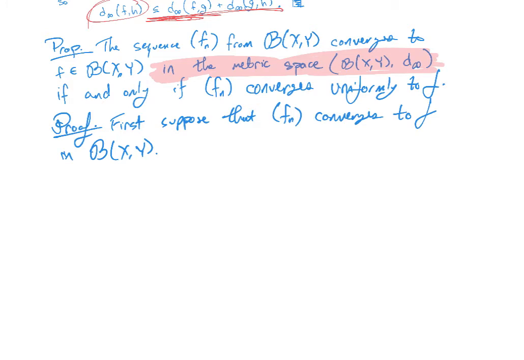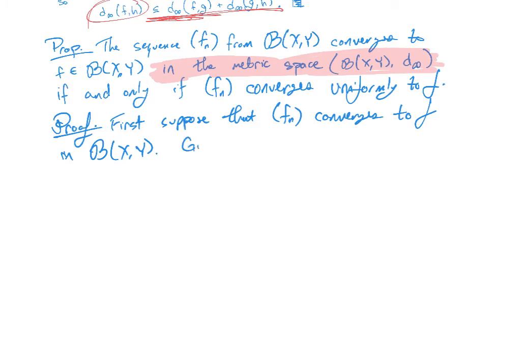Now, we just have to think about what that means. That means our standard notion of convergence in metric spaces, which is for any epsilon, there is a capital N, blah, blah, blah.